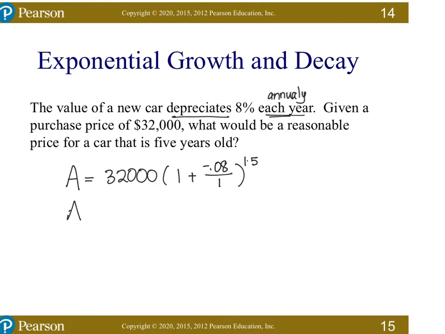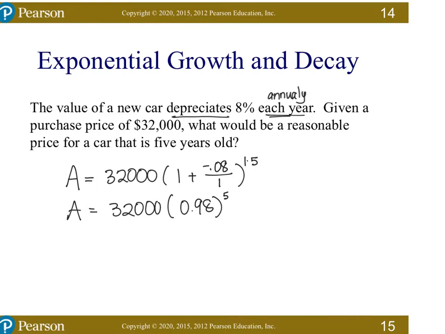So we could simplify this to say 32,000 times 0.98 to the 5th. That's simplifying the inside of the parentheses and then having the exponent be 5.